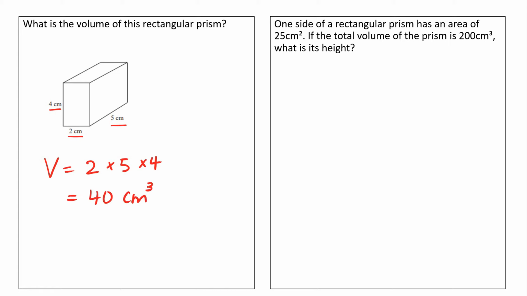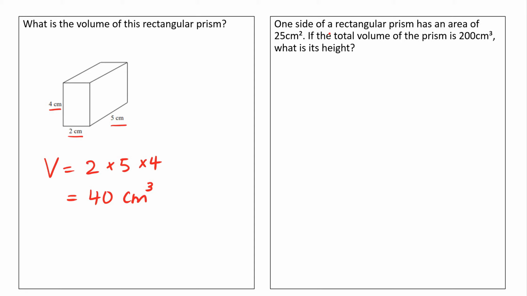One thing you need to notice is that it doesn't really matter which one is the length, the width, or the height. It doesn't matter which order you multiply them, because you can multiply numbers in any order. If you had done 4 times 2 times 5, that would have given you the same answer, as long as you're multiplying the 3 different dimensions together.